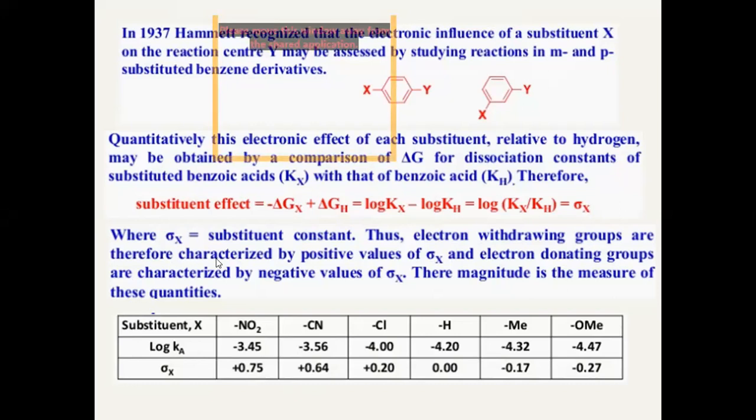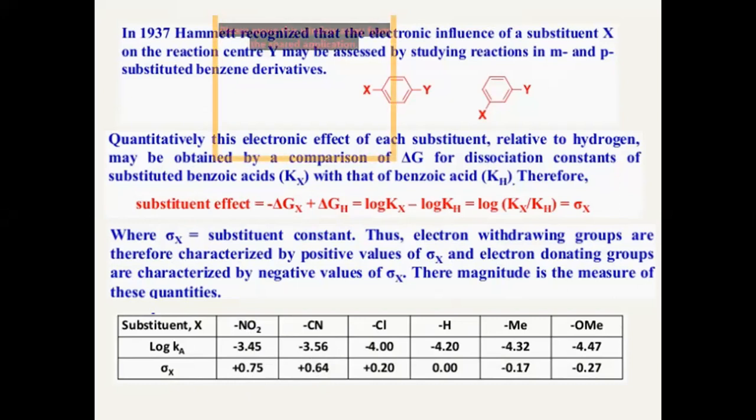If it is x substituent, x is there. These are the substituents. You pick only one value. So log Ka is minus 3.45 and sigma x is what? 0.75. Okay. So sigma x, this is one positive value. Remember. You put this value here and you will get it.